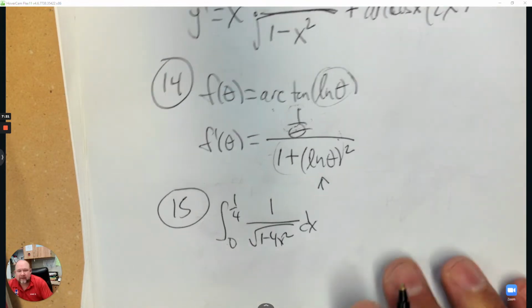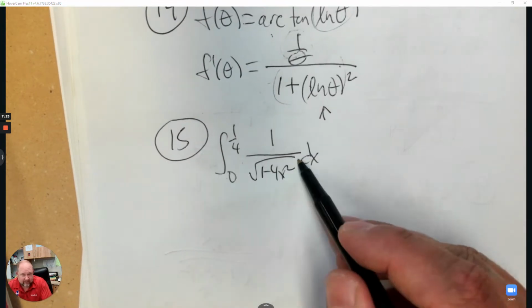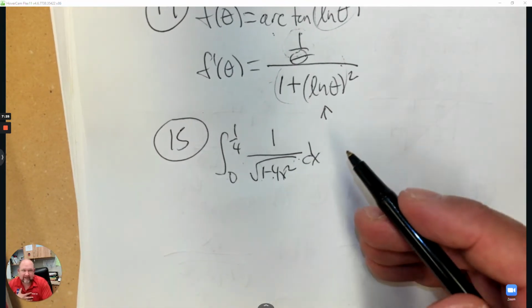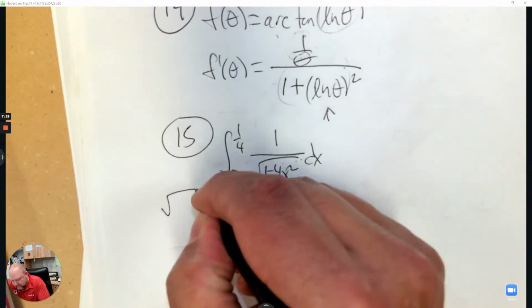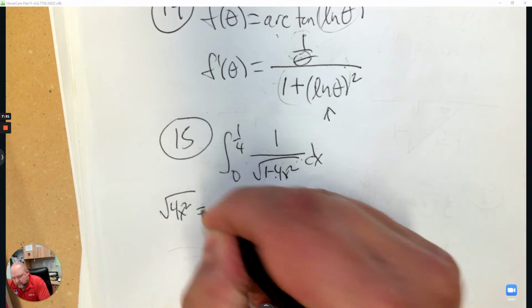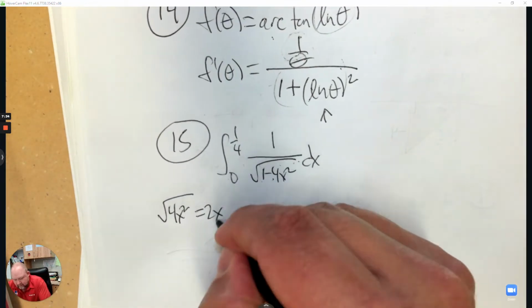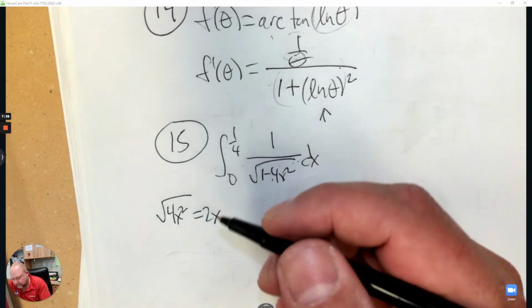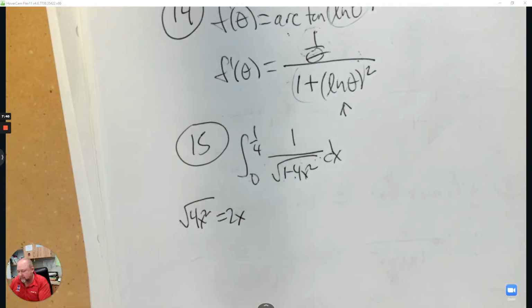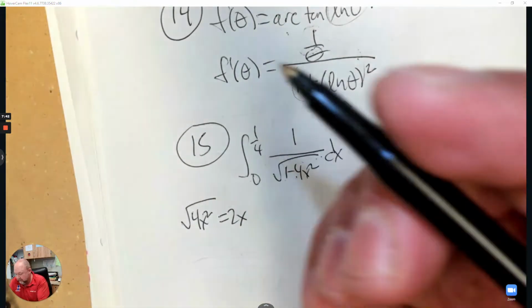So how do I work backwards here? What does this remind me of? So I see a fraction, I see square root of 1 minus. To me, clearly it feels like sine. And so I take 4x squared, and I square root it, and I get 2x. If you think of your formula, that would be what u is.